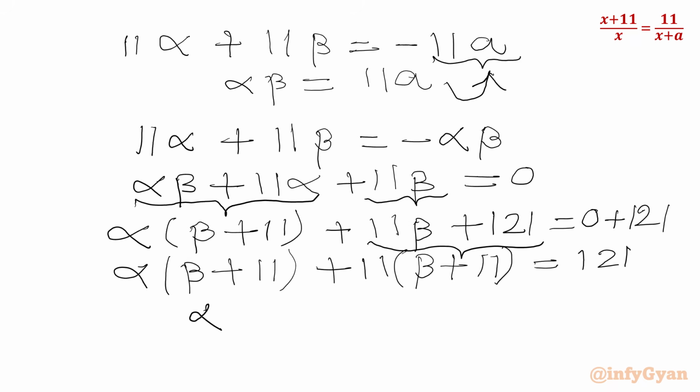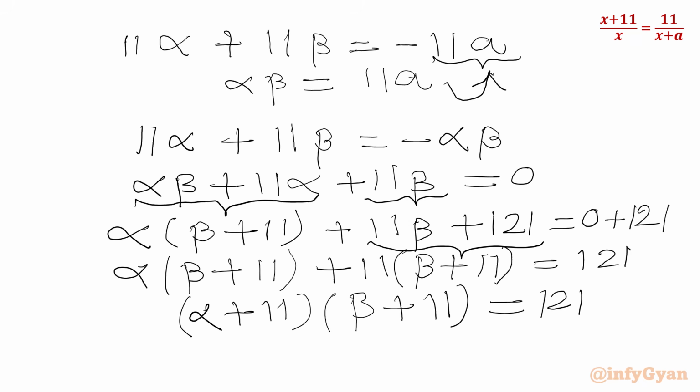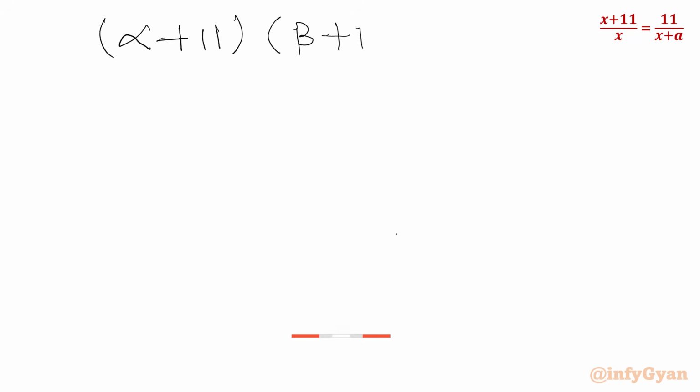So we will write alpha plus 11 times beta plus 11 equal to 121. Here alpha and beta are the solutions of original equation. Now we will factor 121.